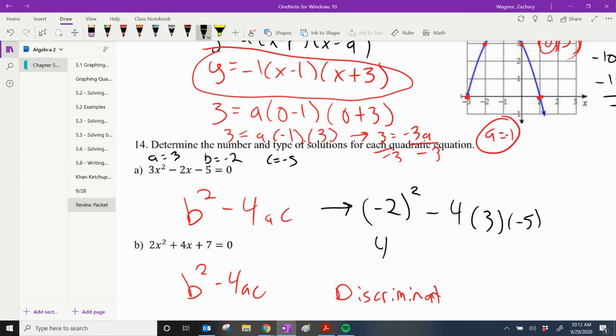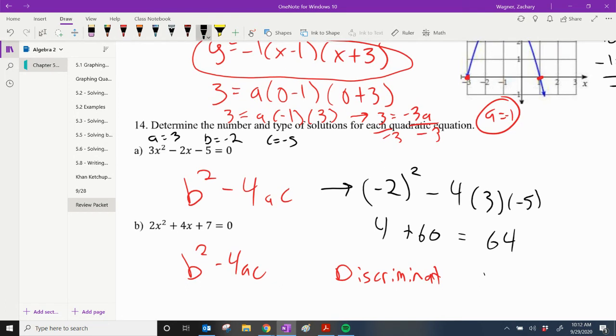Negative 2 squared is 4, minus 4 times 3 is 12, times 5 is 60. And since there's two subtraction signs, it turns into a plus. You're adding 60. This is going to be 64. Since 64 is a positive number, you can take the square root of 64. It's going to give you 8. You're going to have two real solutions.